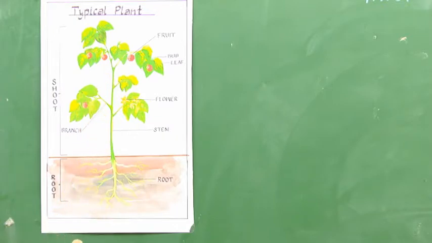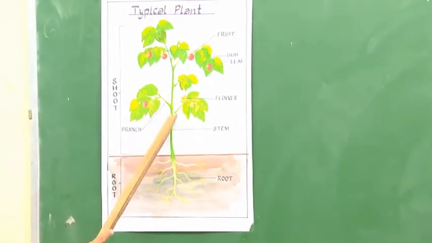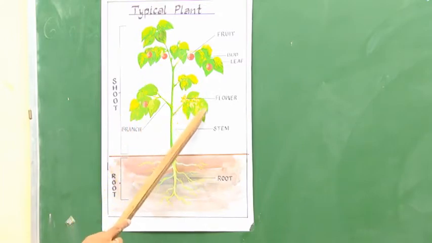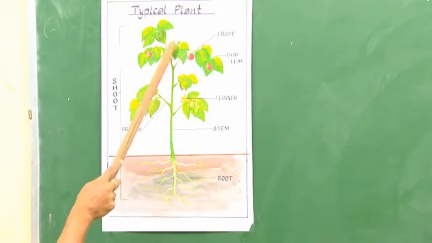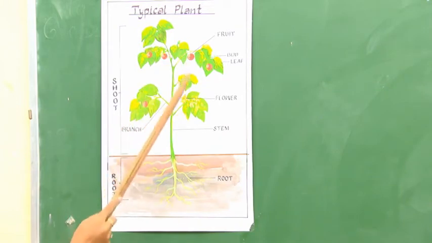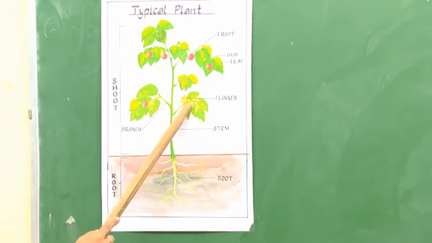Okay, which are the parts of plants you can see here? Root, stem, branches, then leaves. These are already clear. Leaves, fruits, then flower. This pale color here, yellow orange color it is.